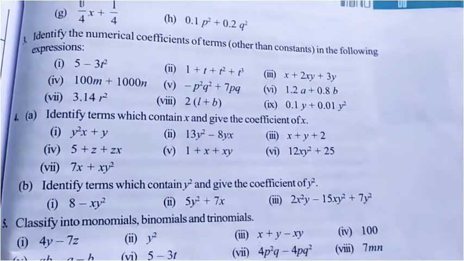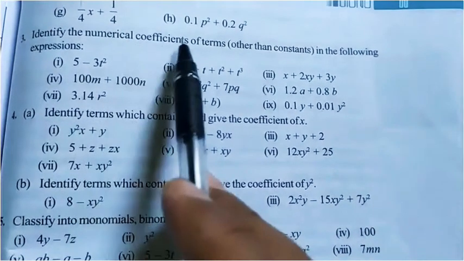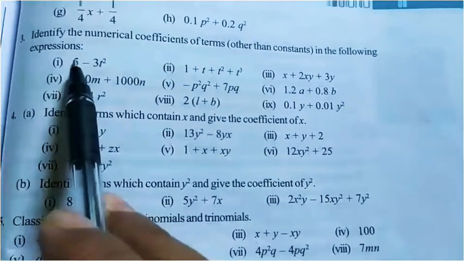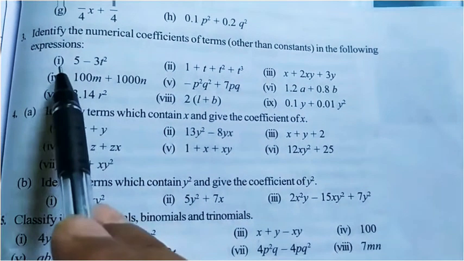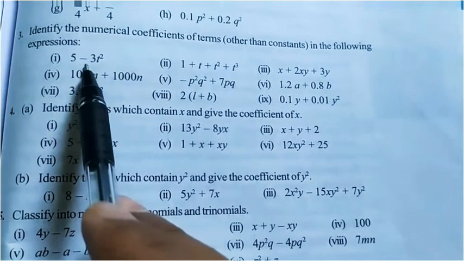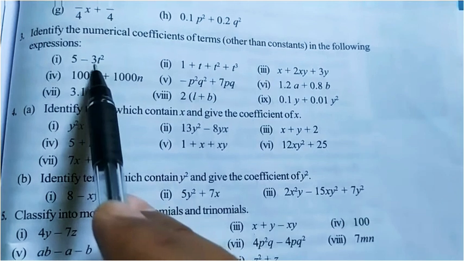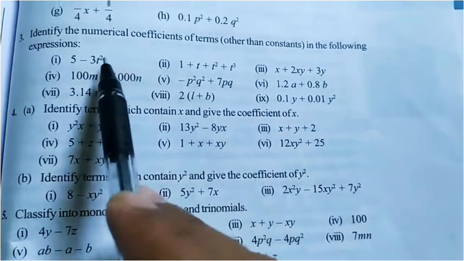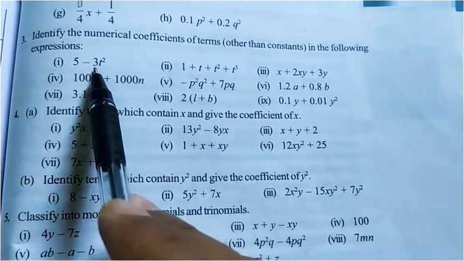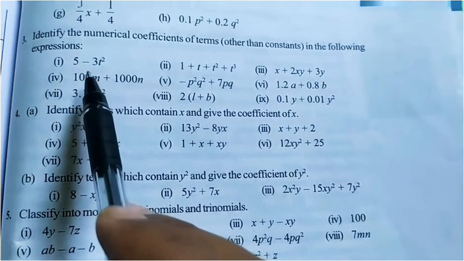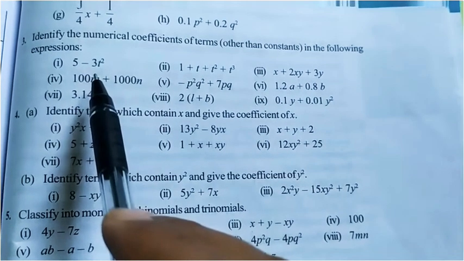Now third main: identify the numerical coefficients of the terms other than constants in the following expressions. The first one I will explain. Here they give a table, and in that table you have to write neatly.